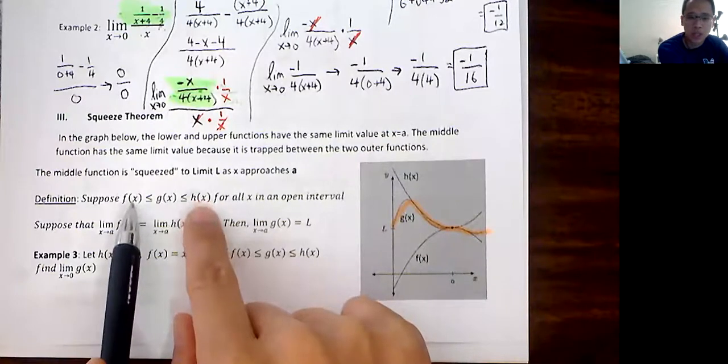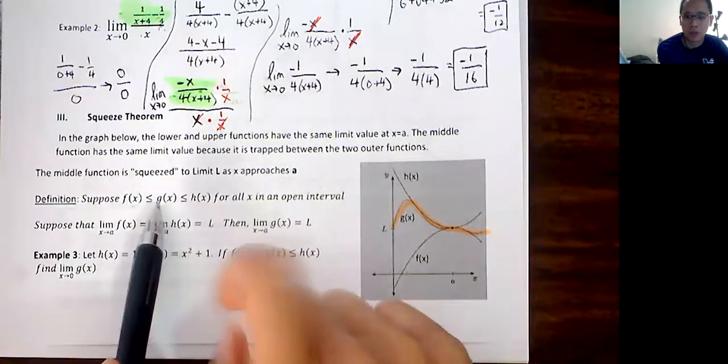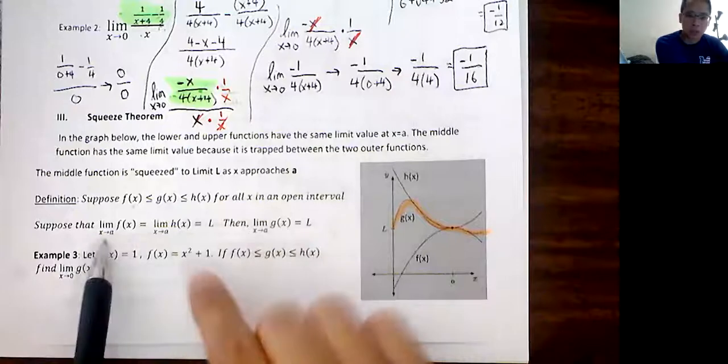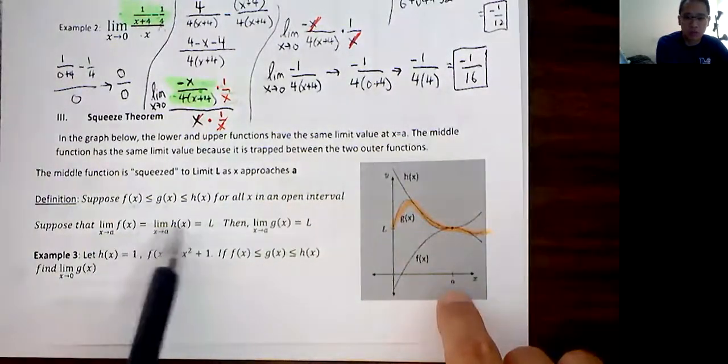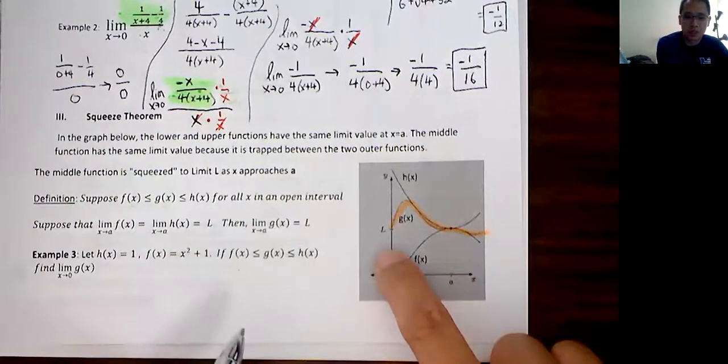If we can show that these anchors are at the same value, then we can conclude that the middle is also that value. So suppose the limit as x approaches a for the lower function is a certain limit, then the middle one is also that limit.